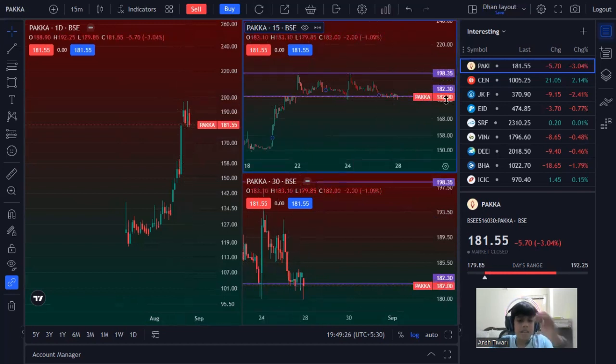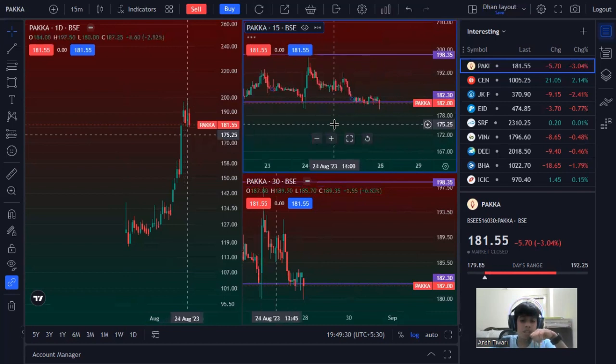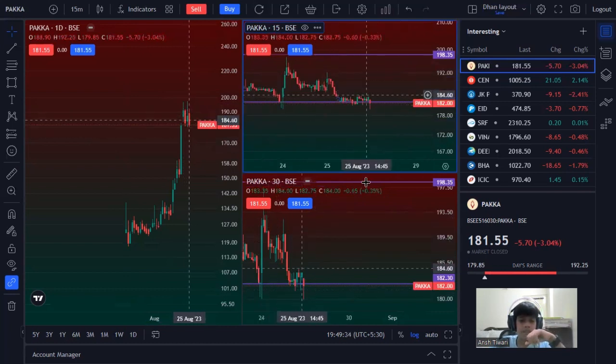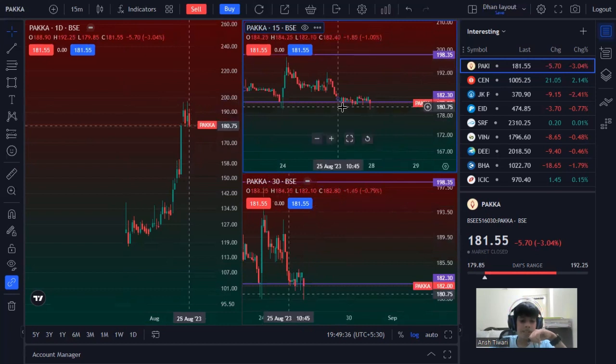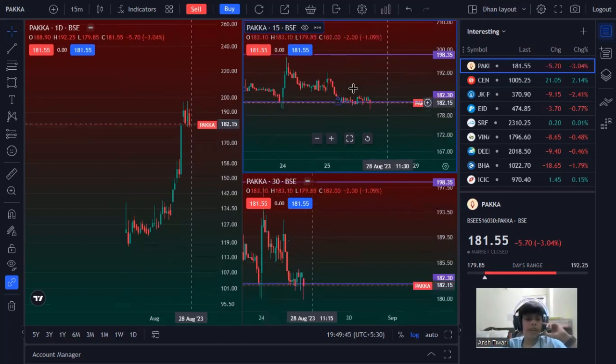So now the markets are just getting slower, and they have been stuck to the bottom line for a long time, for 1 day or 2 days, something. 25th of August. Okay, so now they were just stuck here for 1 day, that too in the last part.